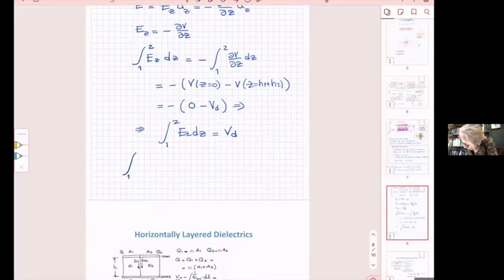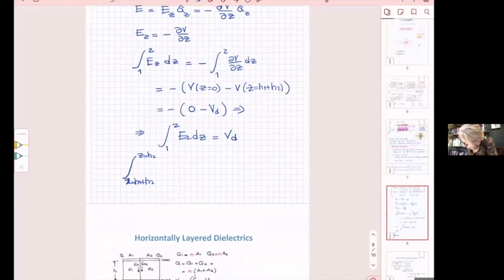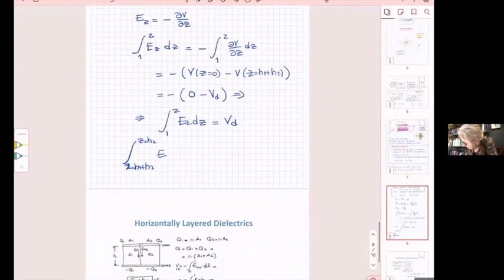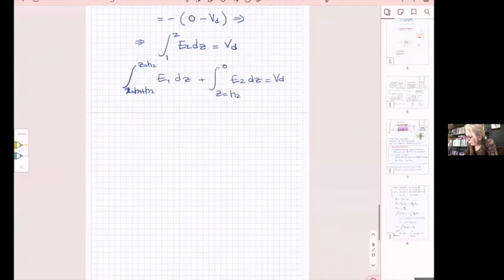From conductor 1, which is the upper one, when Z equals H1 plus H2, to Z equals H2, the integral of E in the upper region, which is E1 dz, plus from Z equals H2 to 0 of E2 dz, equals V sub D. And then I add here one more page.